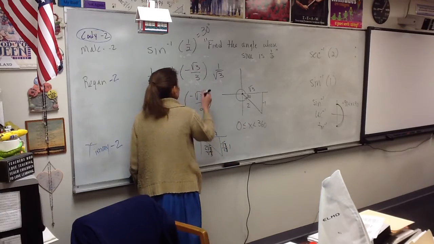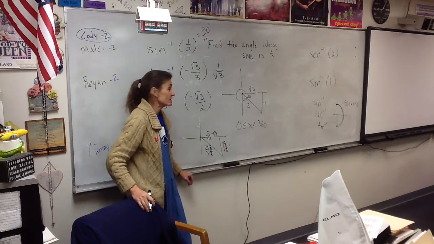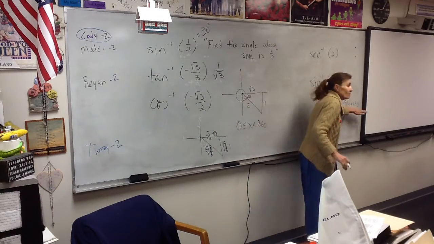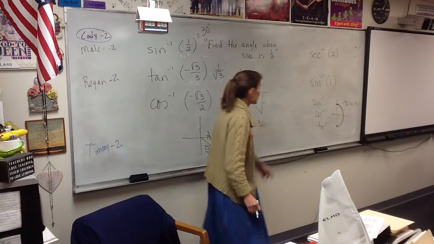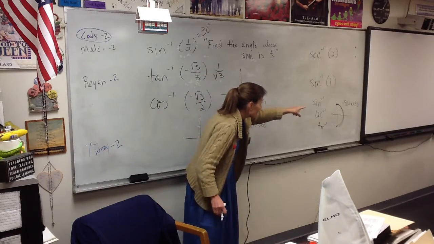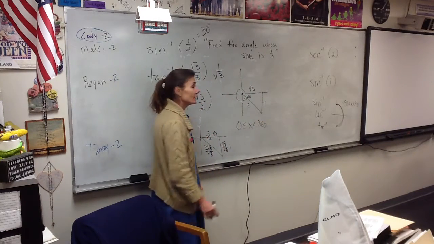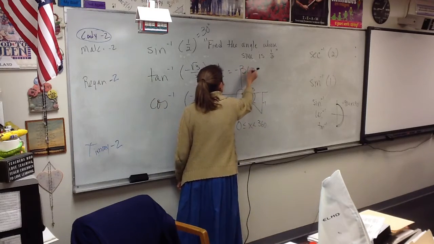So I'm not going to be able to say that the answer to this question is 330 degrees, because that doesn't fit in the interval I'm required to answer in. So what am I going to say? How am I going to answer this question in that interval right there? Negative 30. The answer to the question is negative 30.